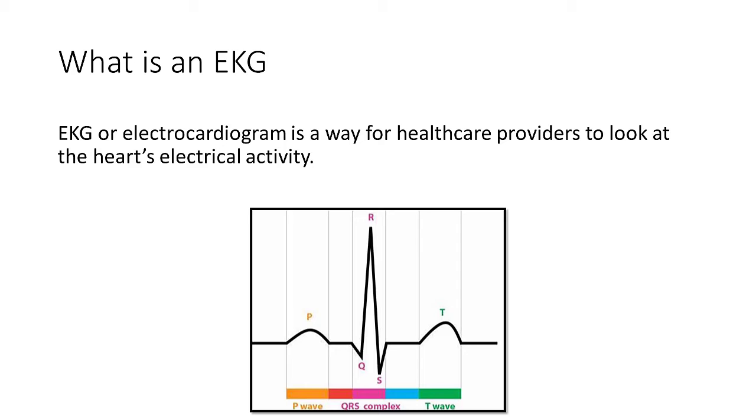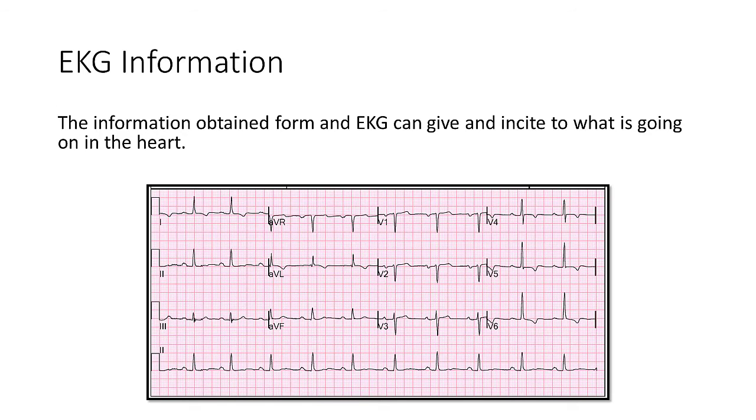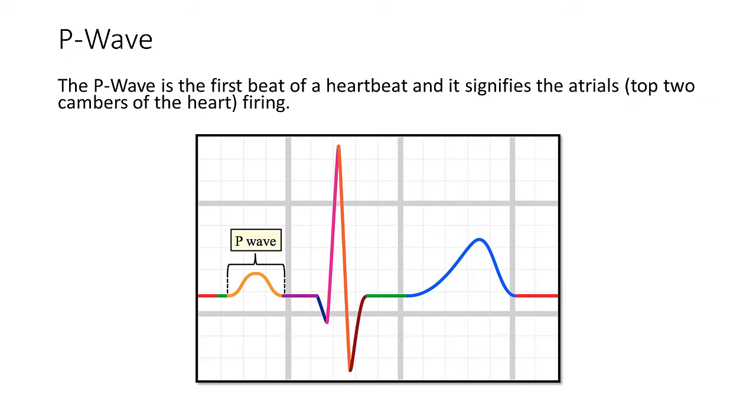This slide is a picture of a 12 lead, which helps us look at different views of the heart, front, back, side, to see where the electrical activity is, how it's traversing through the heart, and if there's a problem. The first beat of the heartbeat, the first wave, is a P wave.